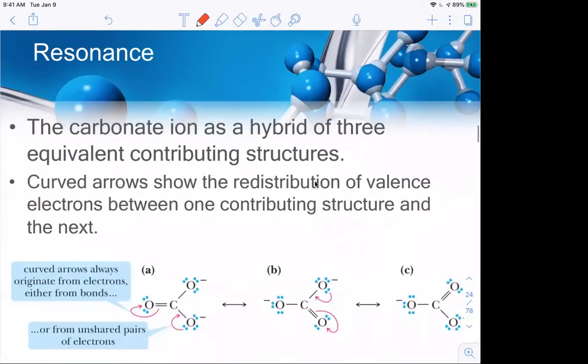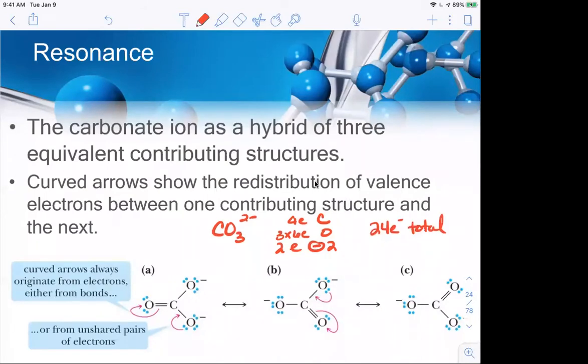So let's look at the carbonate ion. This is CO3 2-. So I had 4 electrons from the carbon, 3 times 6 electrons from the oxygen, and then 2 extra electrons from the -2 charge. So I have 24 electrons total.